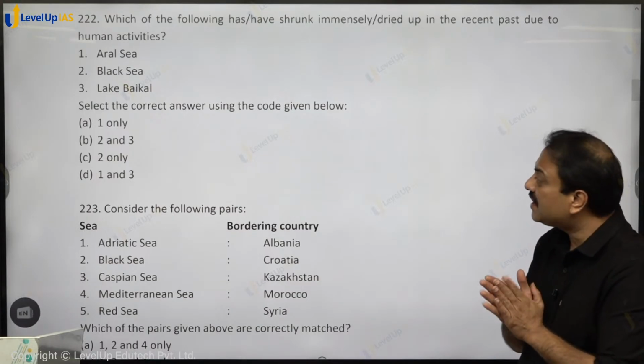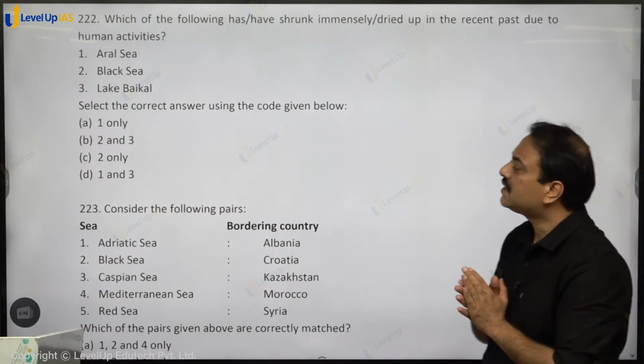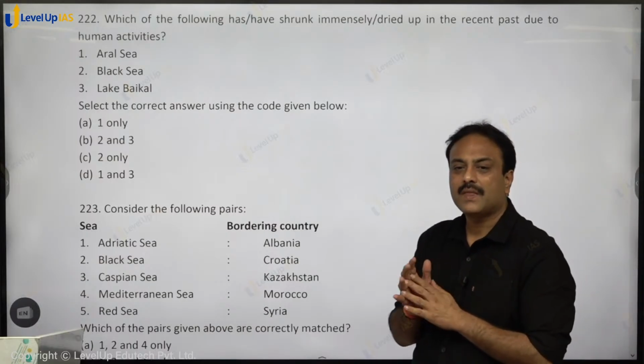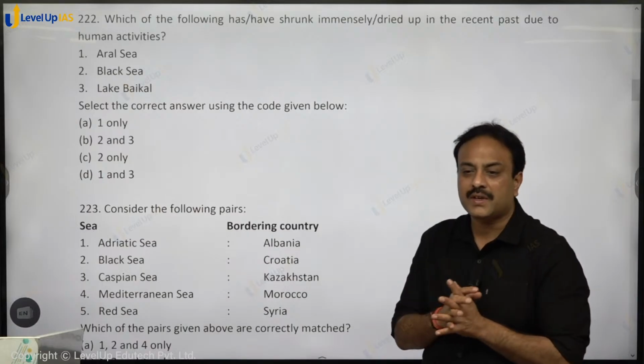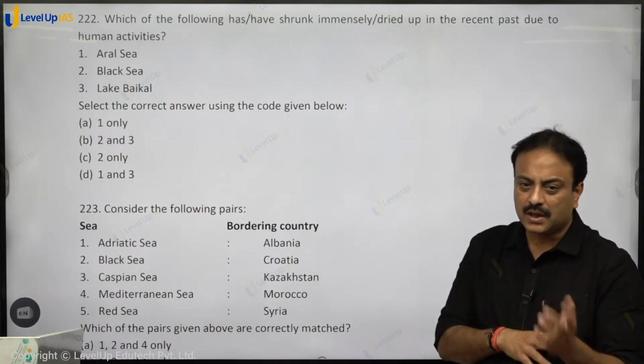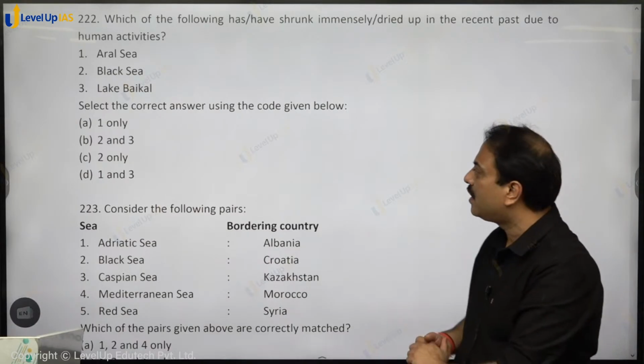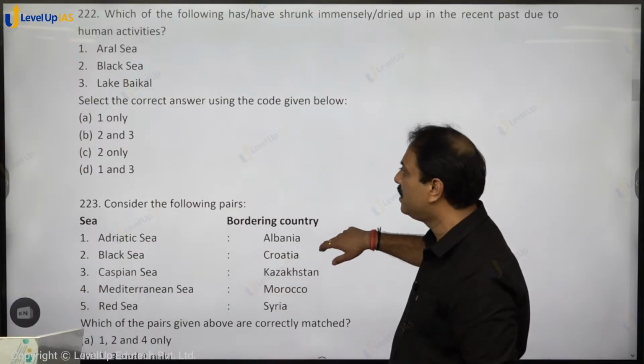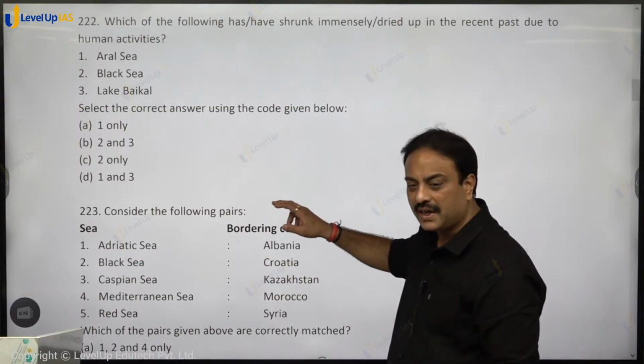And so Aral Sea, that is one only, will become the right answer. Now why is Aral Sea drying out? What are the rivers which are draining in Aral Sea? One is river Sir Darya, one is river Amu Darya. The origin of Sir Darya, the origin of Amu Darya, they will become relevant. Here the answer is one only, option A for apple.